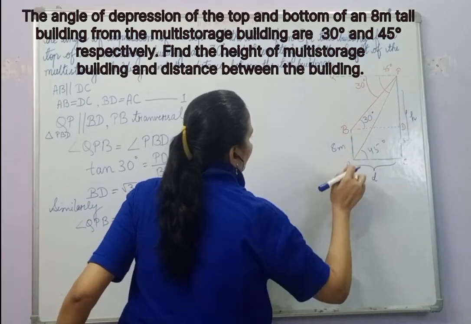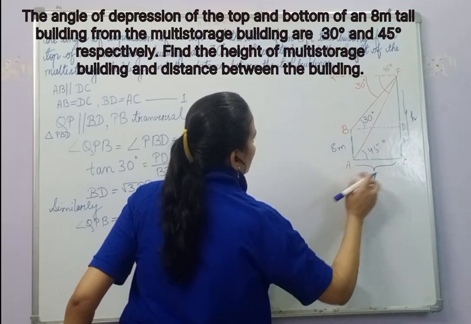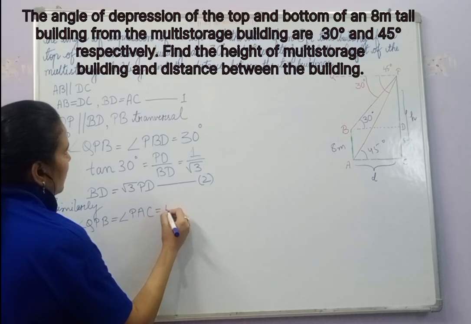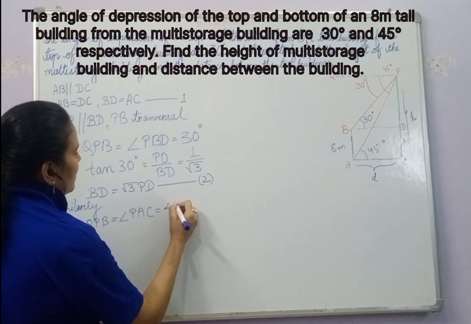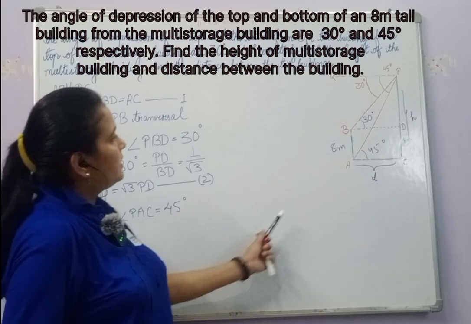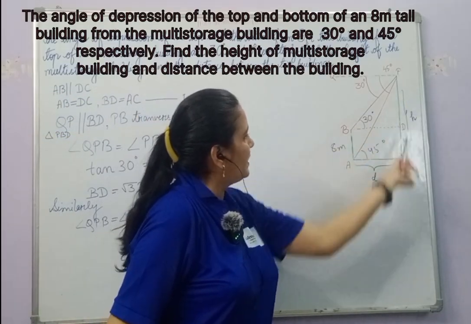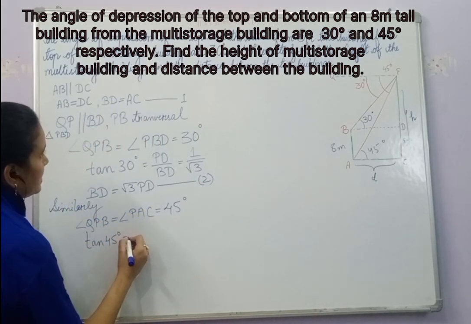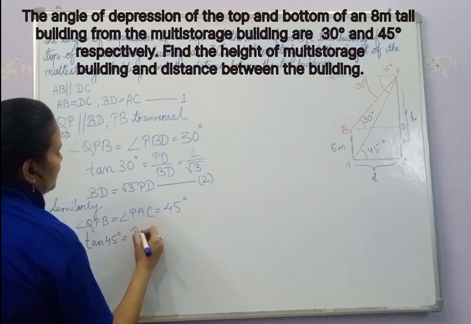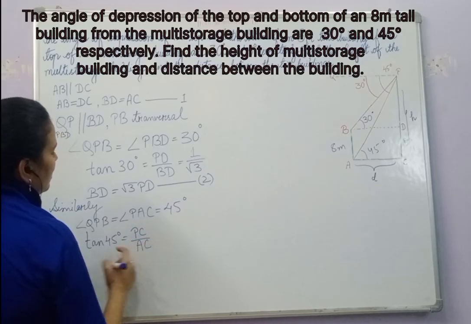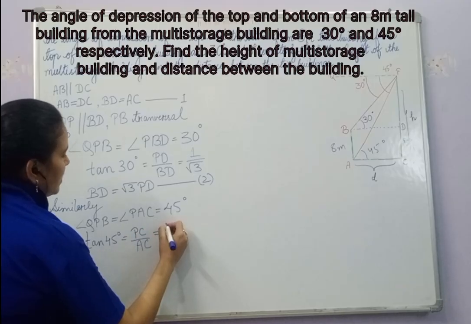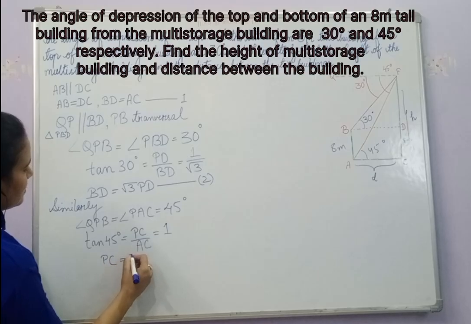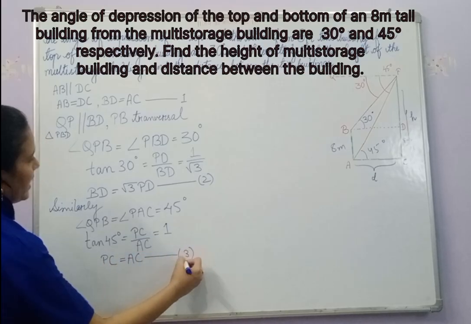QPA is equal to angle PAC because PQ is parallel to AC. With this we can find tan 45 degree, perpendicular upon base, which is PC upon AC. The value of tan 45 degree is 1. So from here we get PC is equal to AC. Mark this as 3. I hope it is understood.